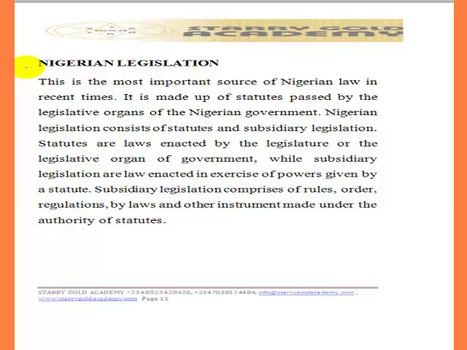Nigerian legislation consists of statutes and subsidiary legislation. Statutes are the laws passed by the National Assembly or State House of Assembly. Subsidiary legislation is law passed by any other body apart from the National Assembly or State House of Assembly.